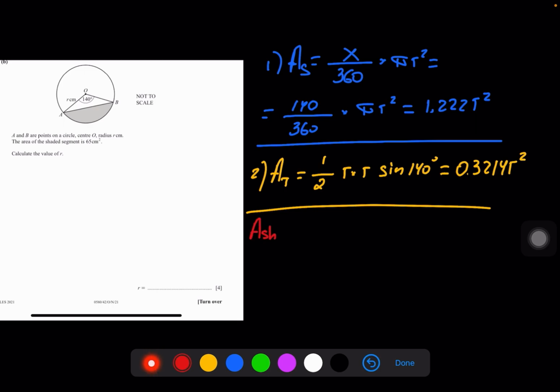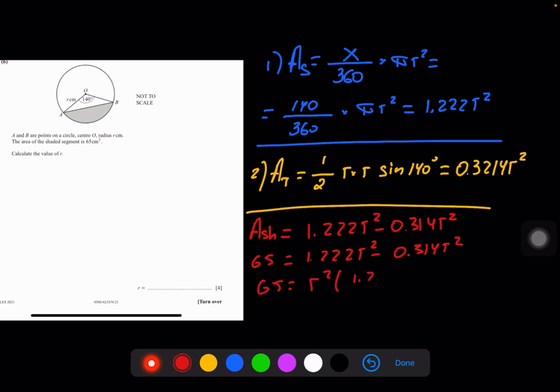A shaded equals this sector's area, this one, 1.222 r squared minus 0.3214 r squared. And the shaded part is given also. The area of the shaded part is 65 equals, the rest will be the same. And how can we solve this one? We can take out r squared here.